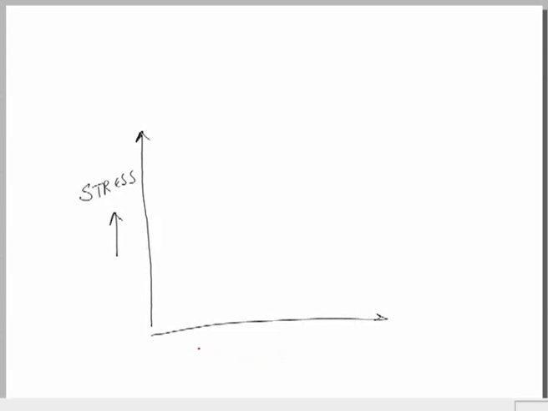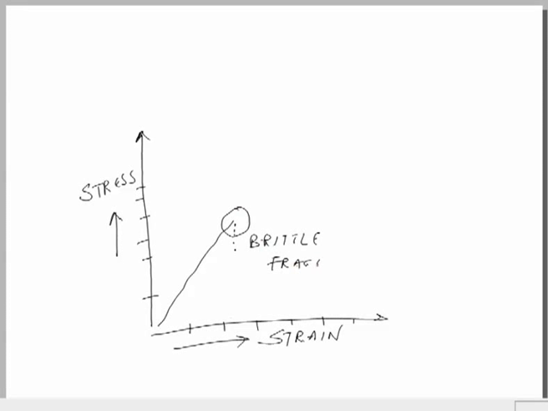On your screen you can see that if we plot a stress strain curve for a ceramic material, it will be something like this, and then the load would come down, that is brittle fracture would take place.